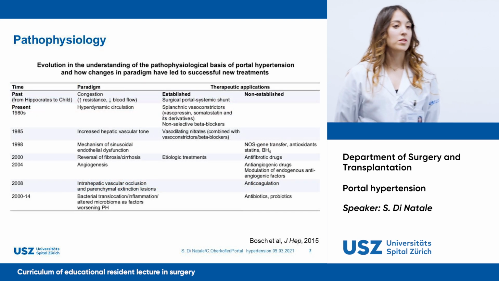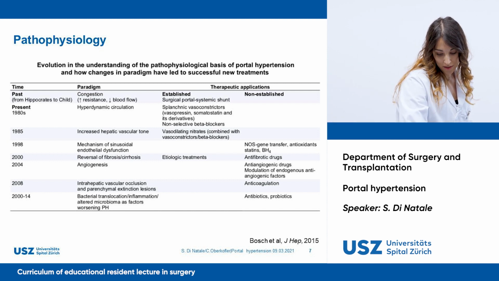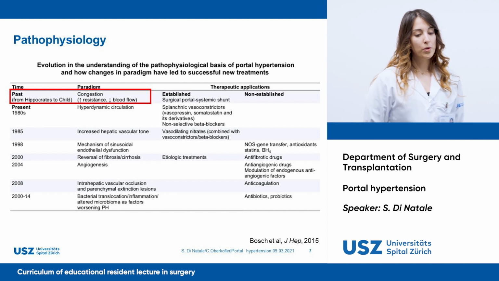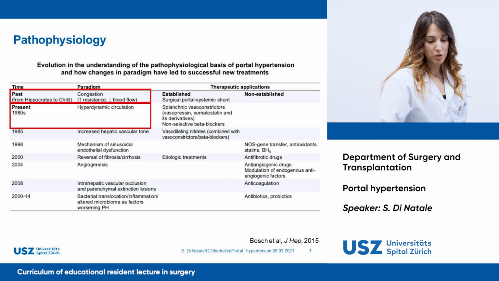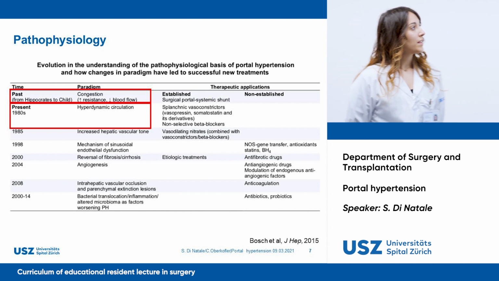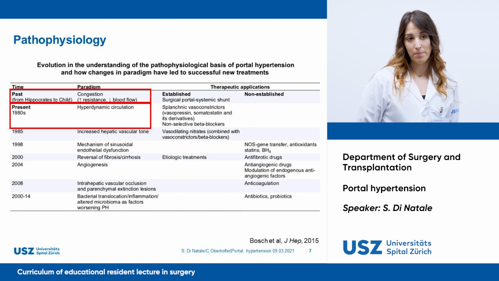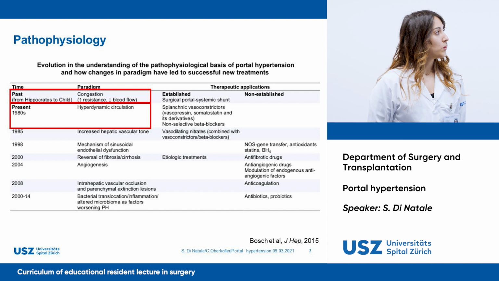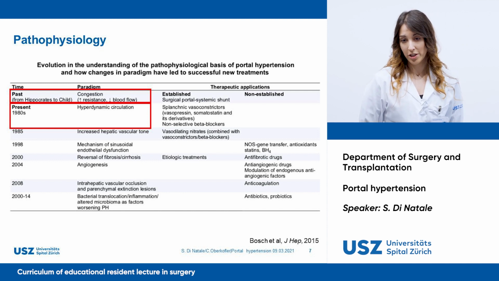In the past, it was considered that portal hypertension was a result of congestion to the portal circulation through the hard cirrhotic liver. In the 1980s, Kosman and Cohn showed that despite the increased vascular resistance, the splanchnic circulation was not congested but hyperemic. These contrasting views were the basis for two radically different approaches for portal hypertension.